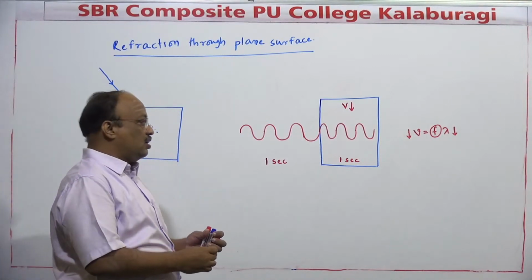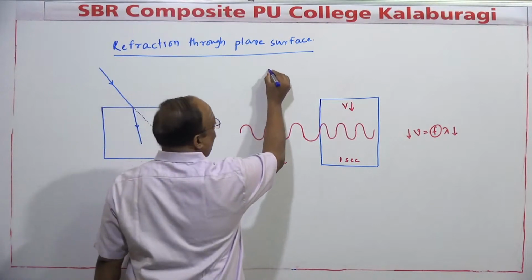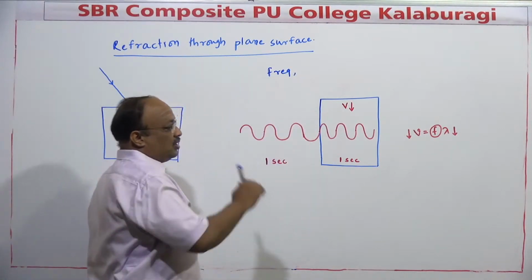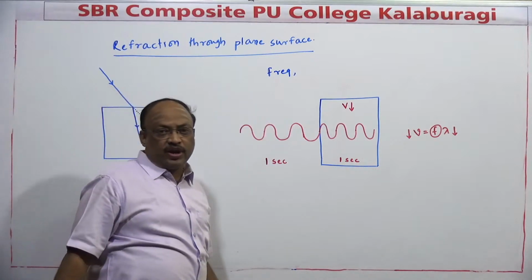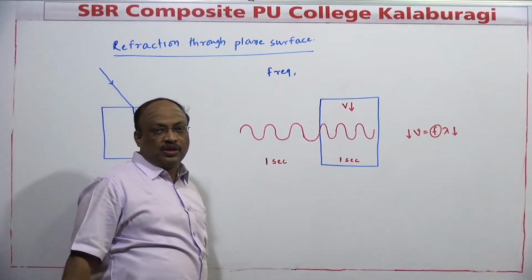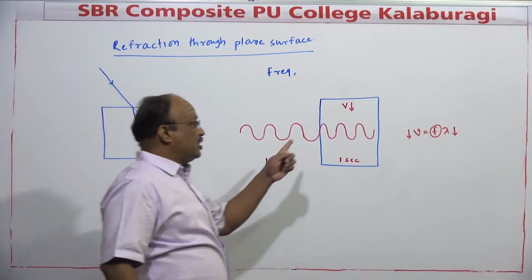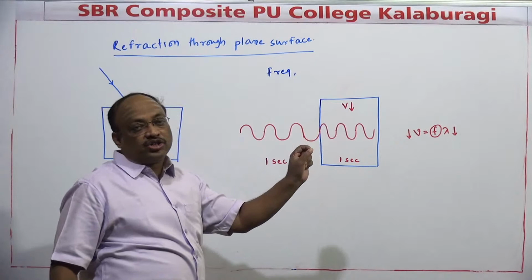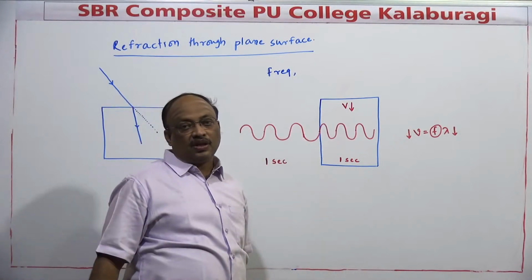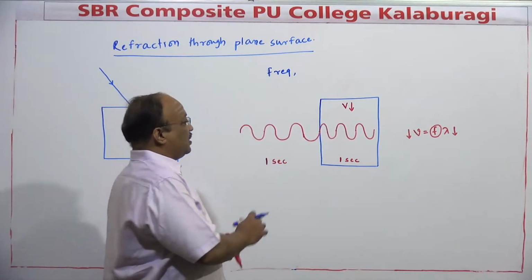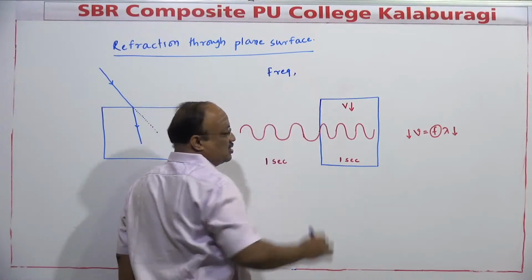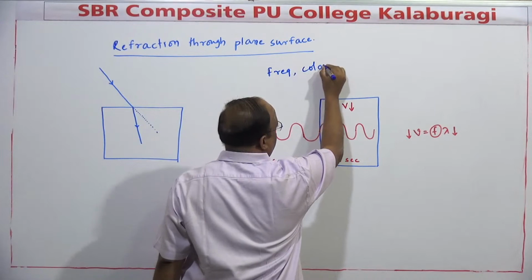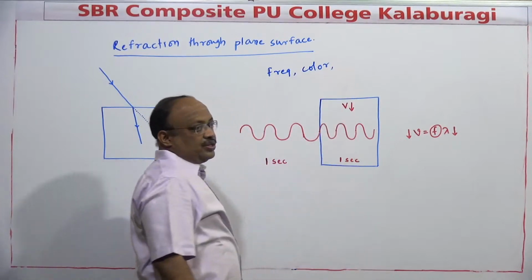So what are the constant things? As it passes into a glass medium, into another medium, the frequency of the wave remains constant. The color of the light is because of the frequency only, so I can say the color will not change.